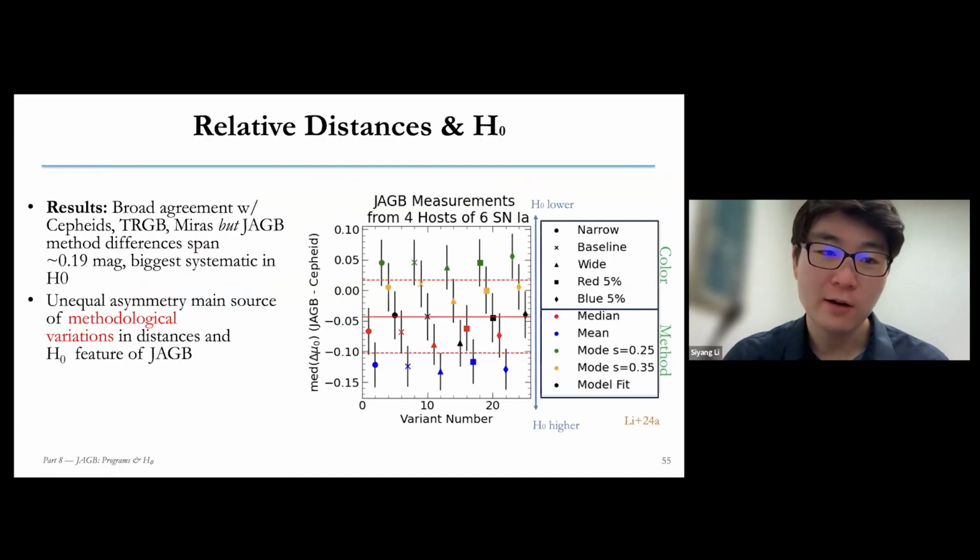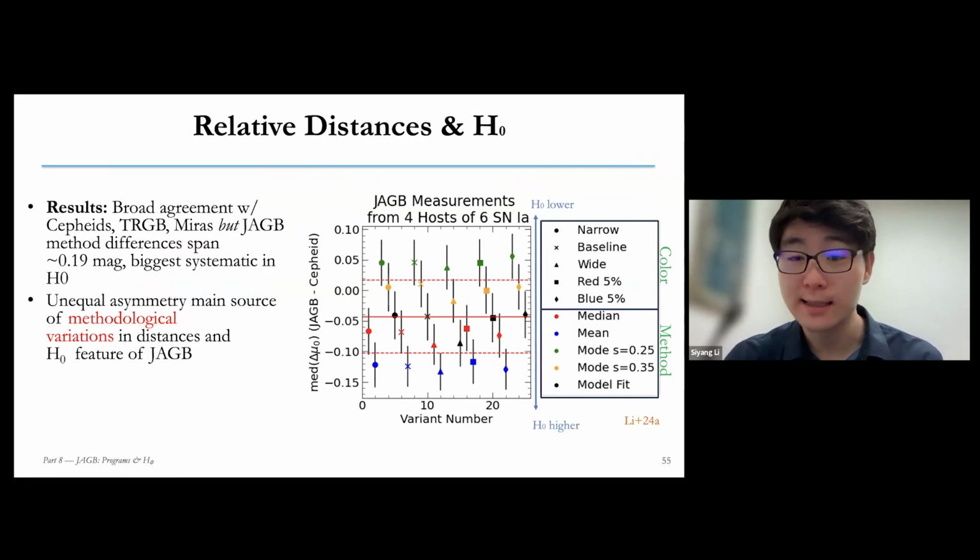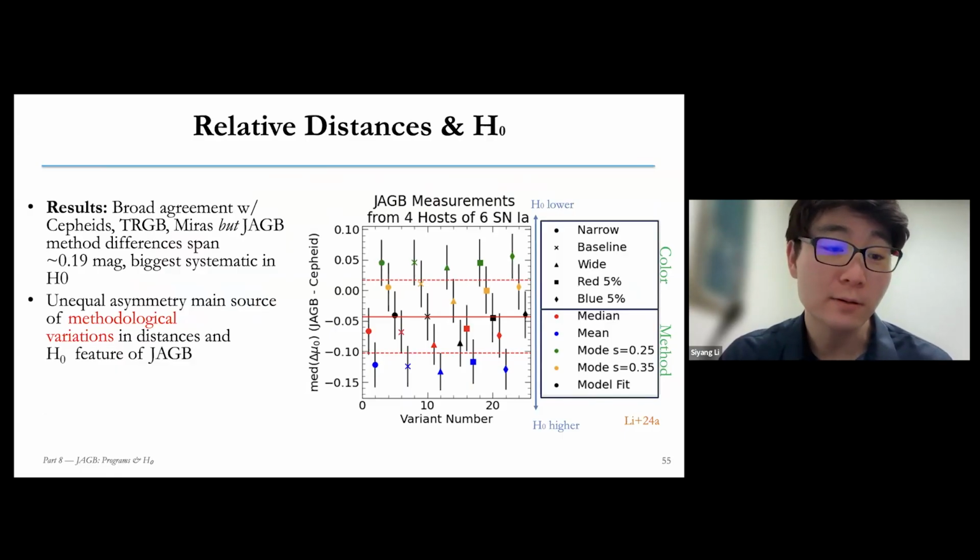We did find in this first iteration broad agreement between the JAGB as well as Cepheid, TRGB, and Mira distances to the same galaxies that we measured in this data set. But there is this methodological variation that I described before, which arises due to the asymmetry of the JAGB luminosity function.